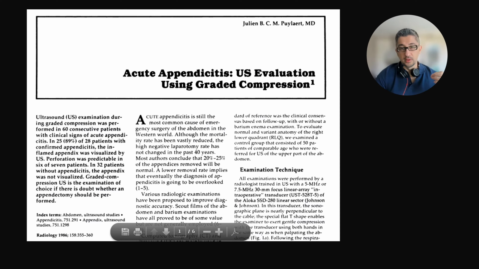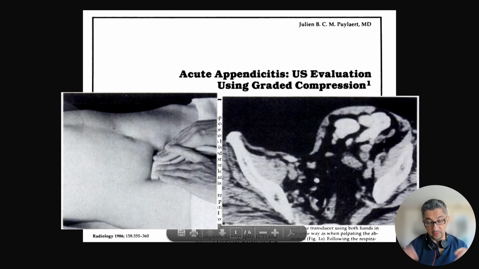Okay. When it comes to the technique of ultrasound, the most important piece is compression. Compression ultrasound was recommended for the first time by this paper in 1986. Until that time, they were still using ultrasound for the diagnosis of appendicitis, but they were not doing graded compression. In this paper, they recommend compression by the probe, using two hands over the region of the appendix to displace the bowel loops and the bowel gas.